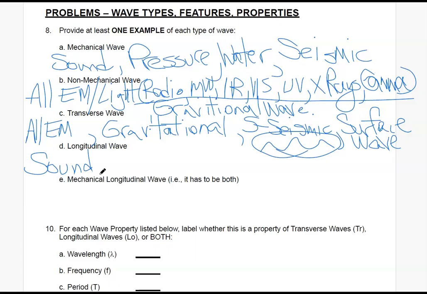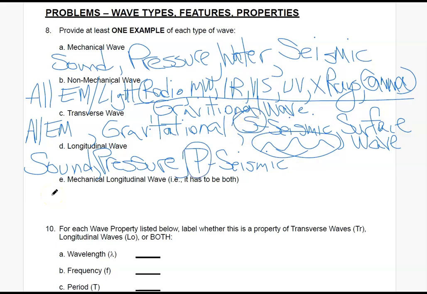Make no mistake about it, they are examples of longitudinal waves, as are any kind of pressure wave, and specifically one type of seismic wave called the P seismic wave. Now, I just mentioned the S seismic wave and the P seismic wave. The P and S actually stand for primary and secondary.